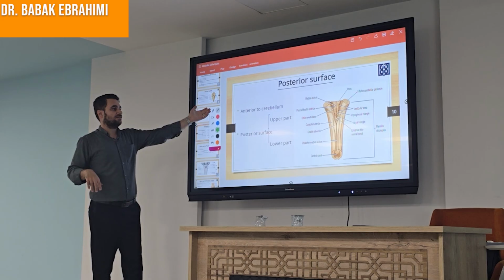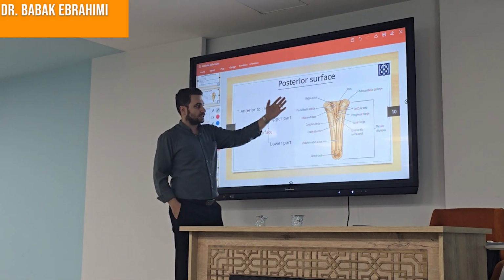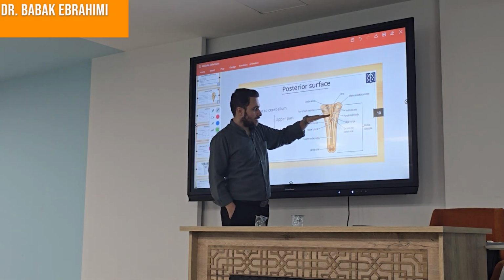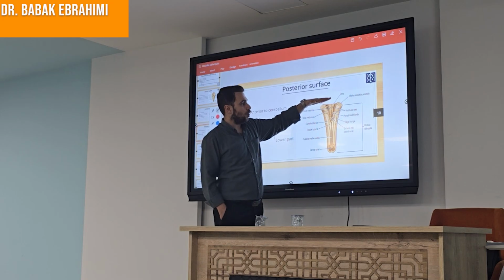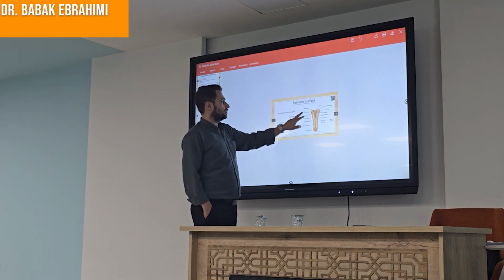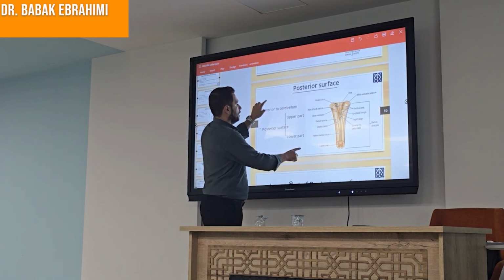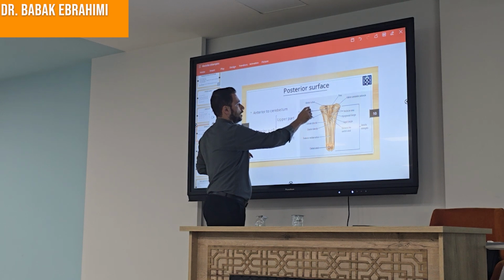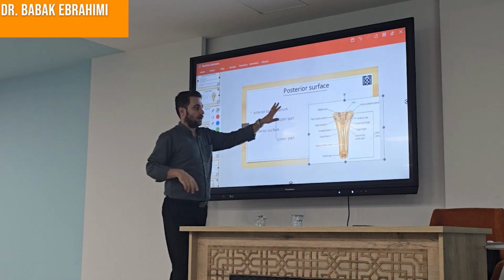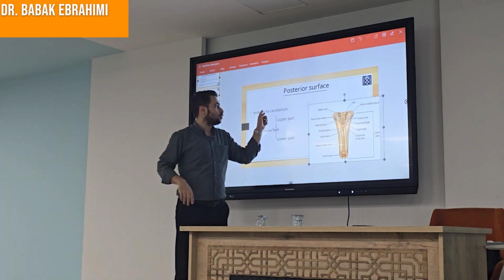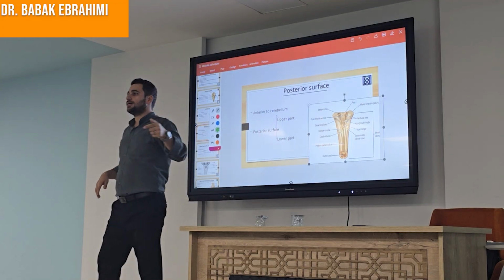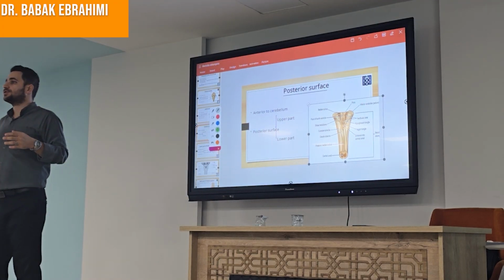The posterior surface, I told you, has a closed part and an open part. The open part is related to the cerebellum, to make what? To make the fourth ventricle.